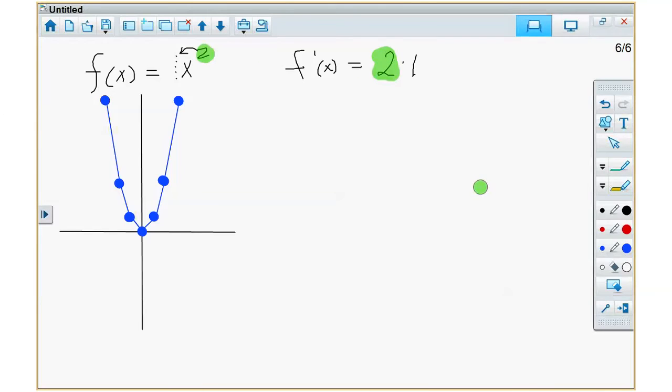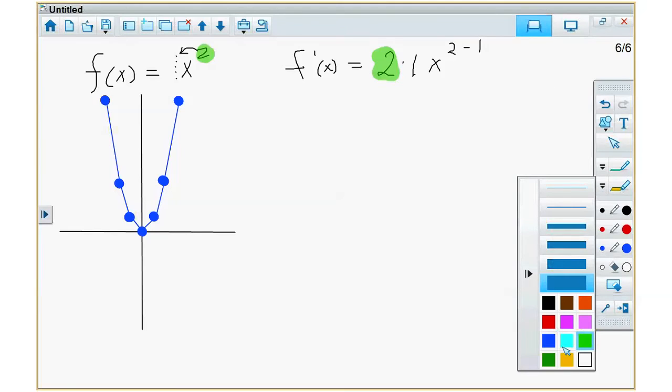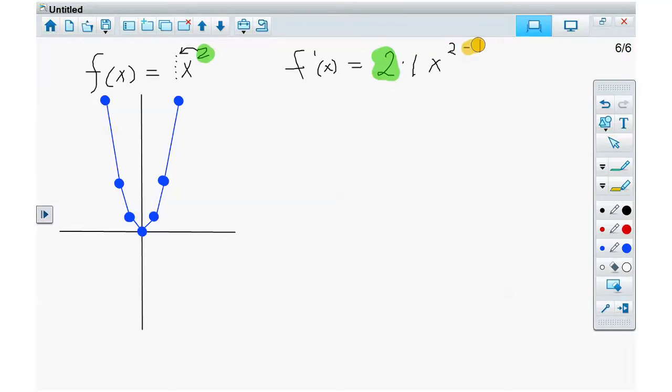And then you put your x down, and that's still to the second power. And you always subtract 1 from the exponent. And that's the power rule.